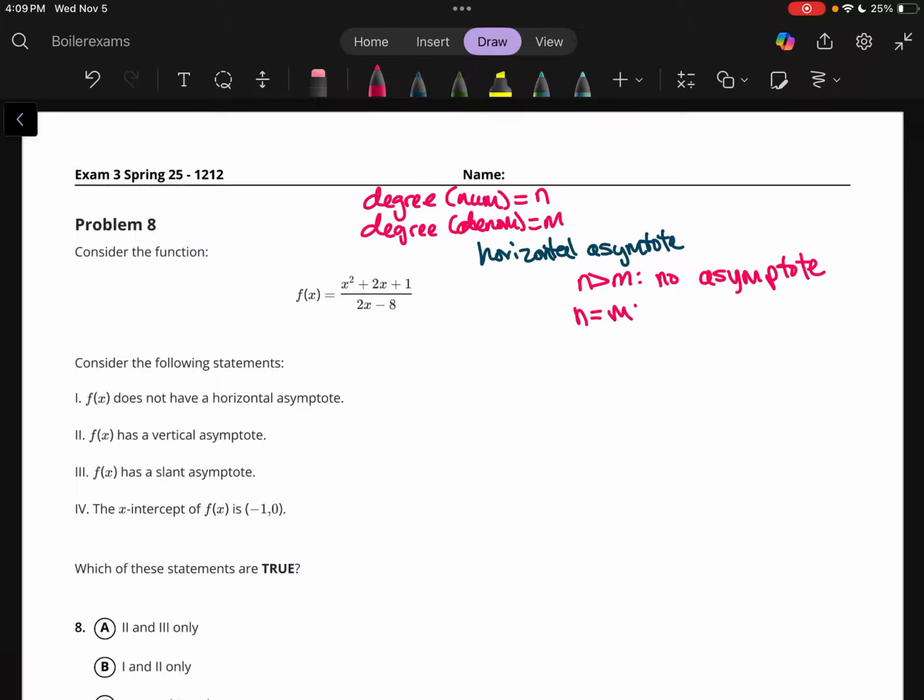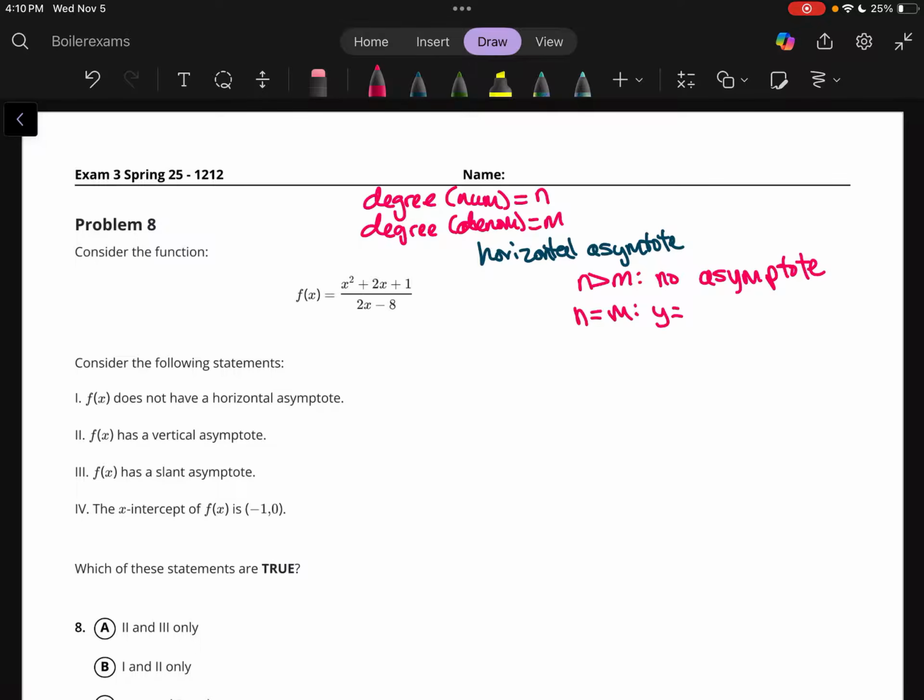Okay, if n equals m, the value of the horizontal asymptote is, sorry, this should be y equals, because it's horizontal.